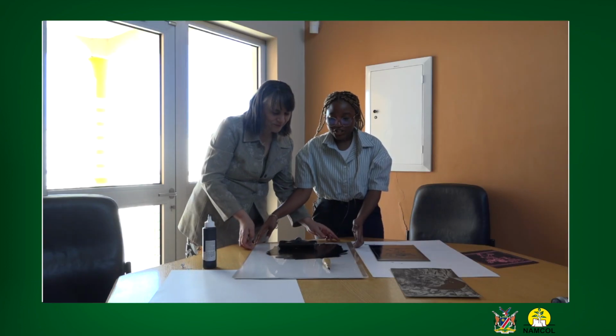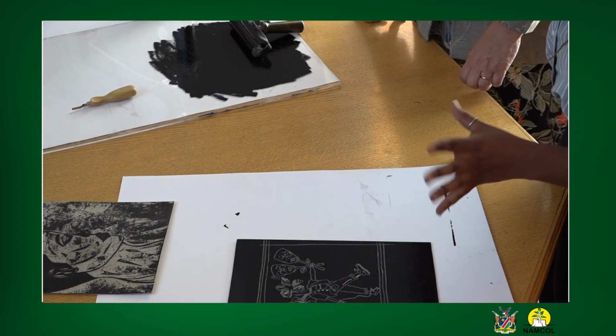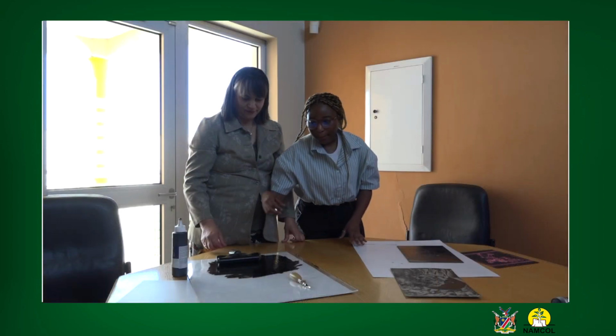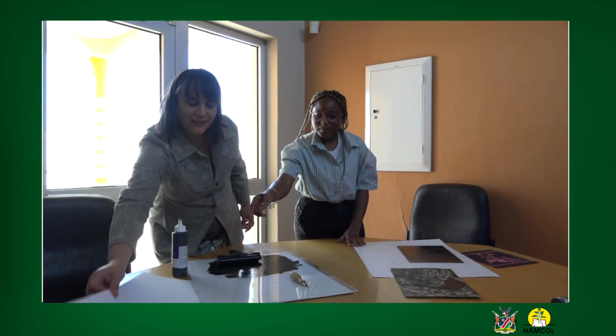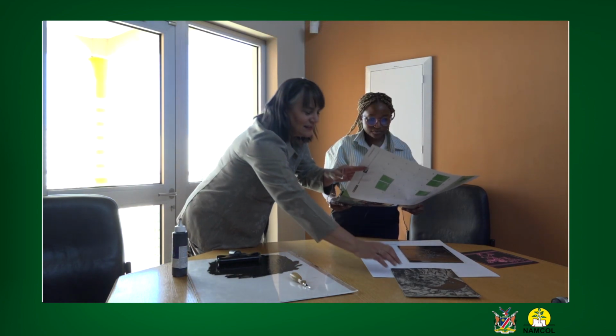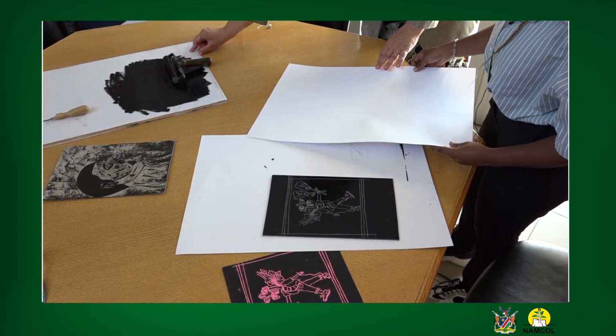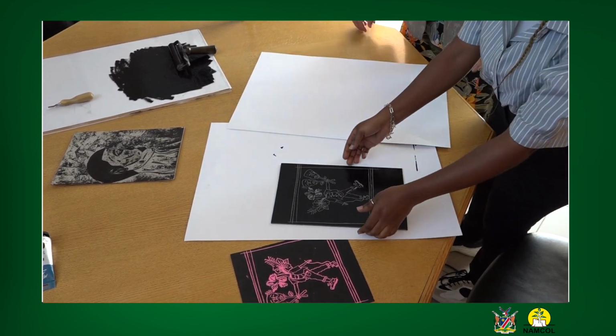So I usually like to test to see whether I should add a lot more paint or if I should clean my roller. If you could please pass me that. Thank you.